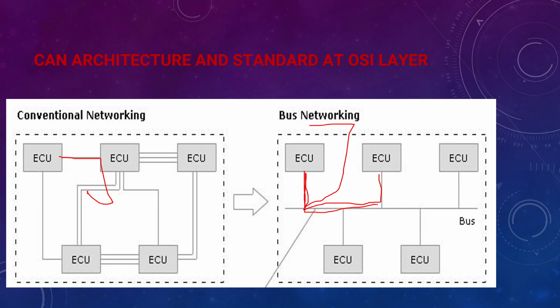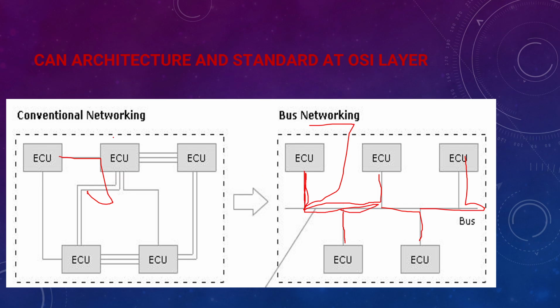After that it will be transmitted to every node. All the nodes are activated and read the message. After that, if the message belongs to a particular node, that node will react. The remaining nodes will ignore that message.